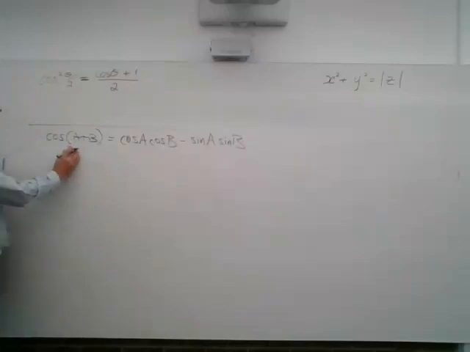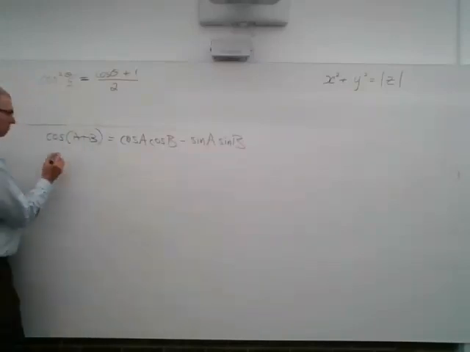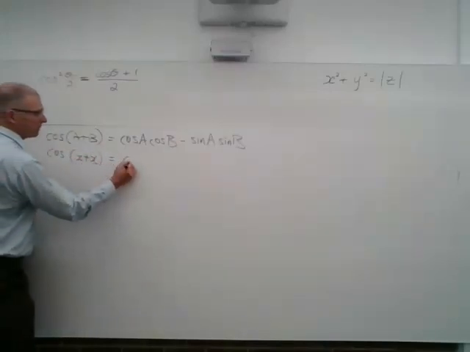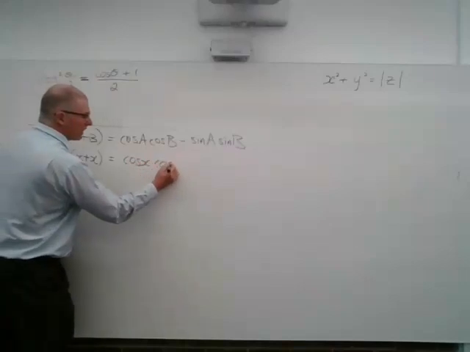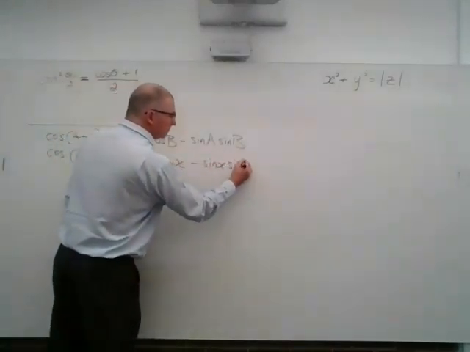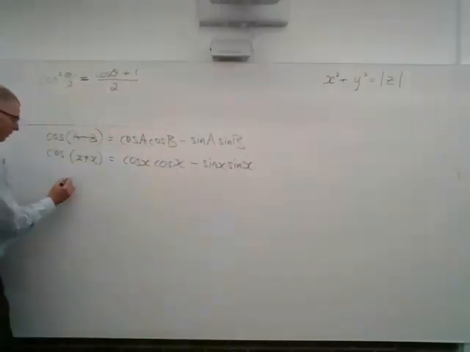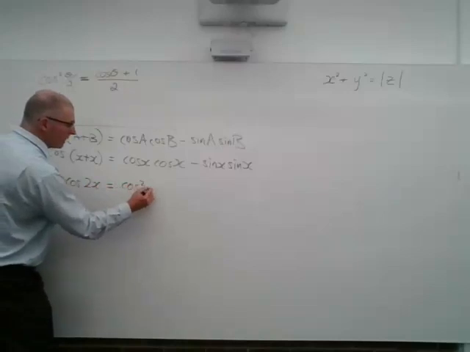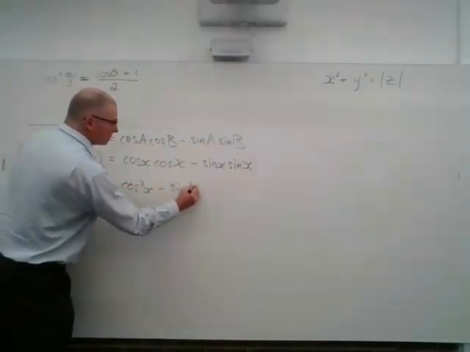So if A and B are both the same thing, say x, we can call that cos of x plus x, which is equal to cos x cos x minus sine x sine x. So cos of 2x is equal to cos squared x minus sine squared x.